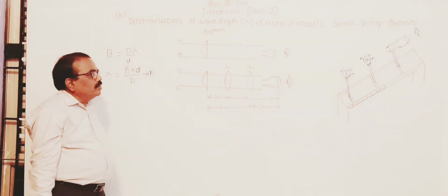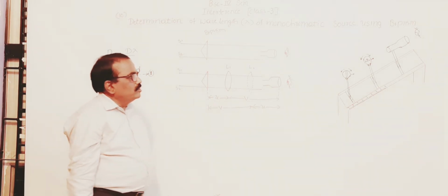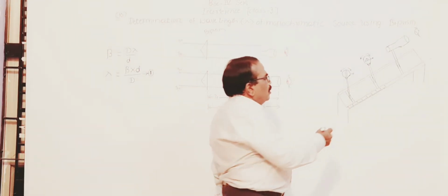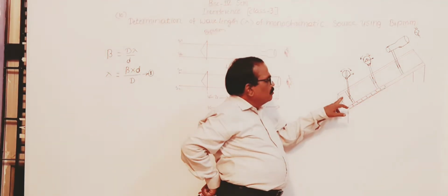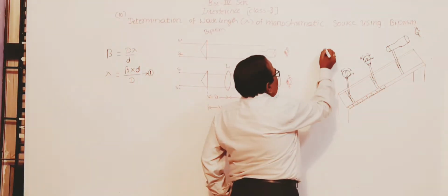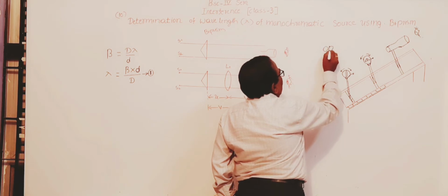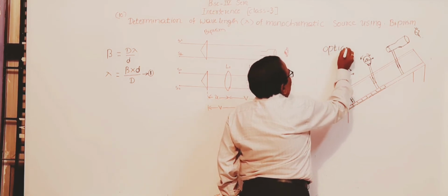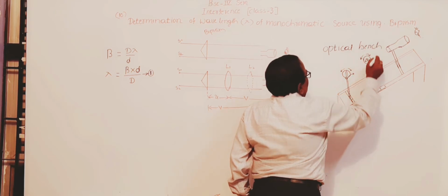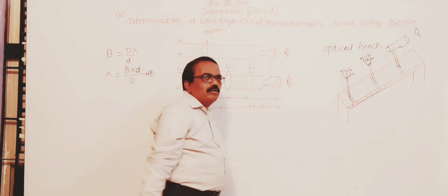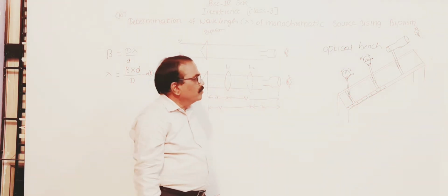Then the experiment consists of a long metal bench. That metal bench is called the optical bench.